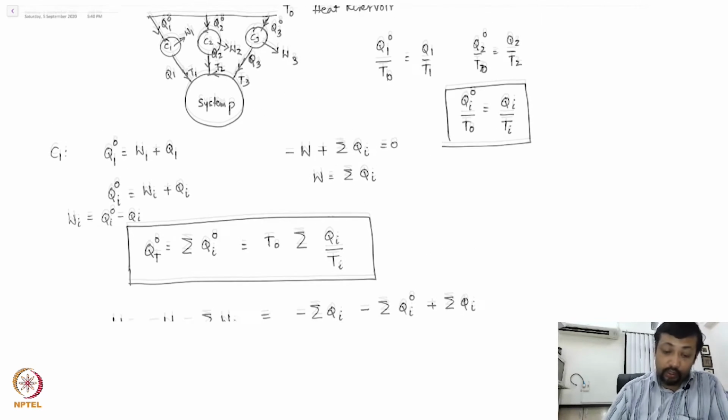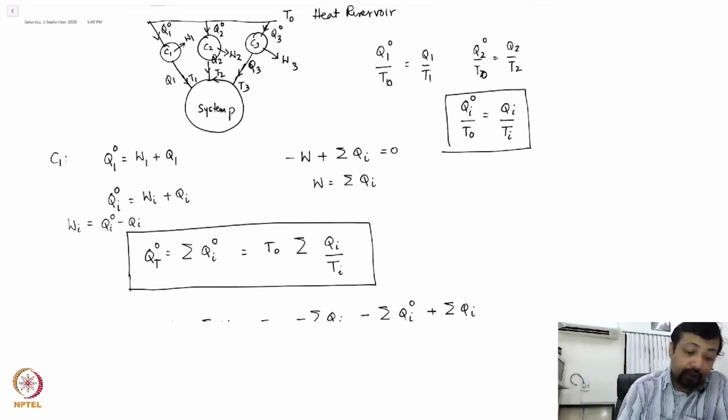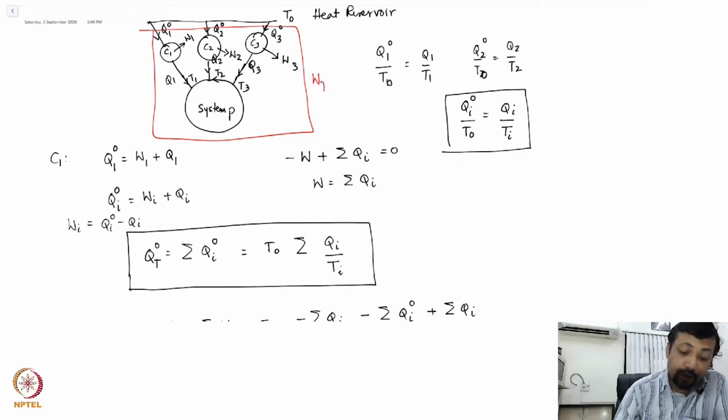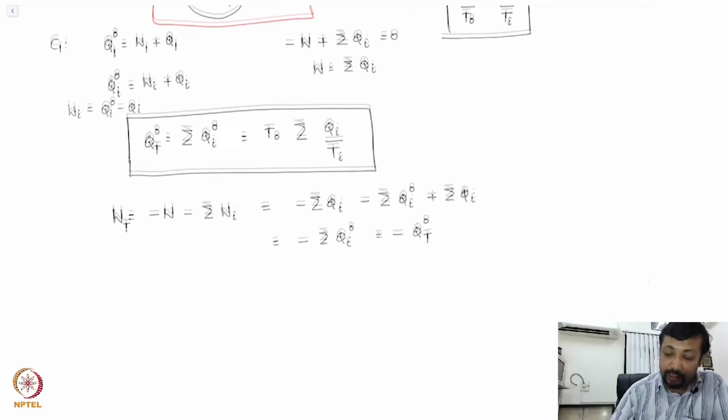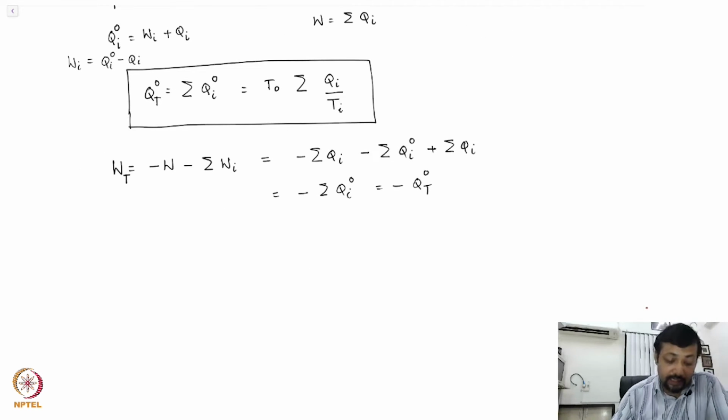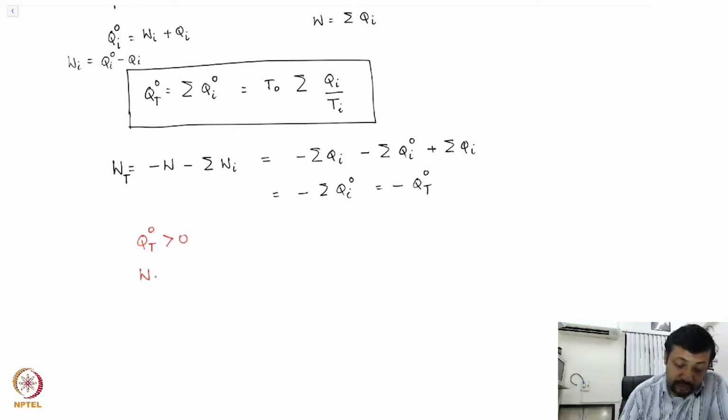Now one can think of this as a whole system which is doing a work Wt, right? If that is the case, then if Qt0 is positive, then Wt is negative.